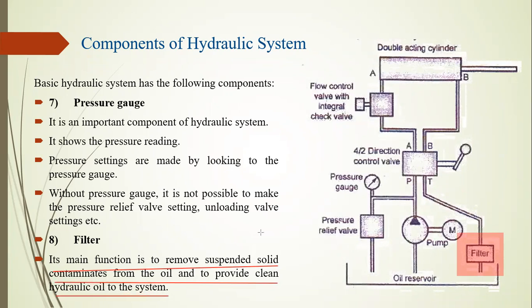When the hydraulic system works with different components like the pressure relief valve, 4 by 2 direction control valve, flow control valve, double acting cylinder, and all the connected hydraulic lines, there is some corrosion and erosion. Some small solid particles or contaminants get into the oil. So it is necessary to clean the oil with the filter, and the filter is an essential component.